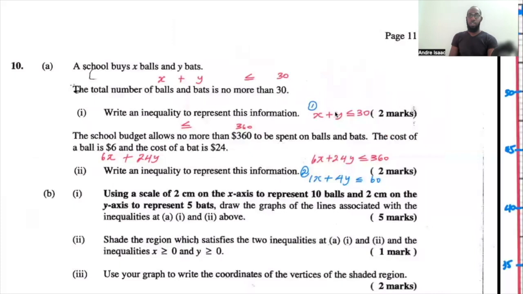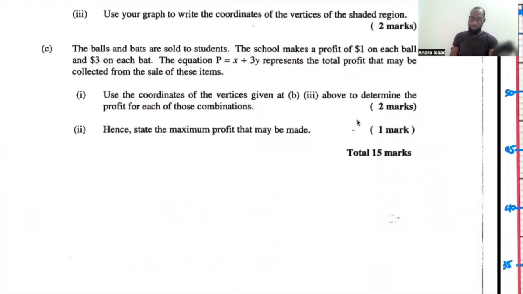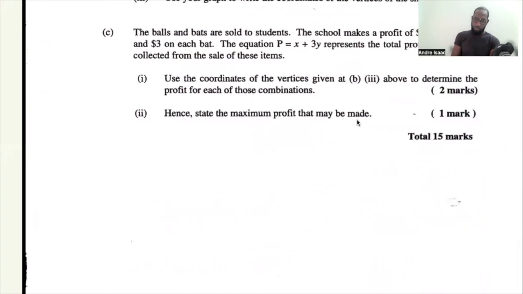So we need to deal with these two inequalities. In order to draw a straight line, we need 2 points. Let's deal with x plus y less than or equal to 30.